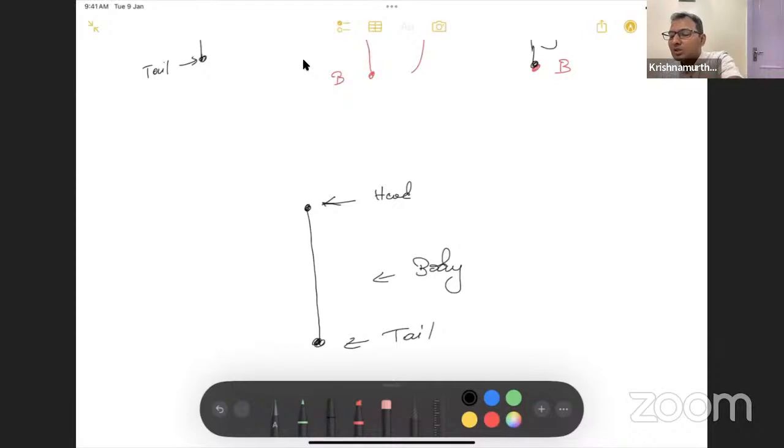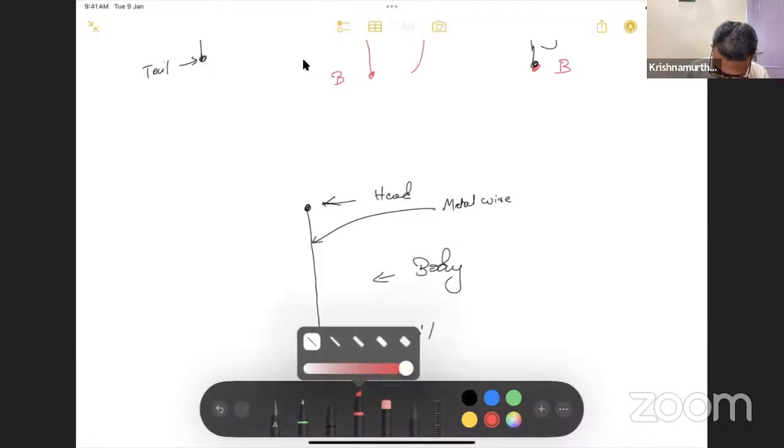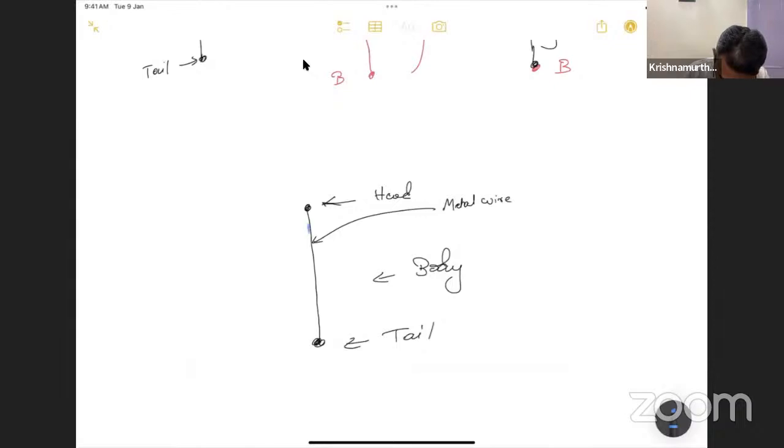So there is, this is the metal wire. Okay. And around this, there is a coating.